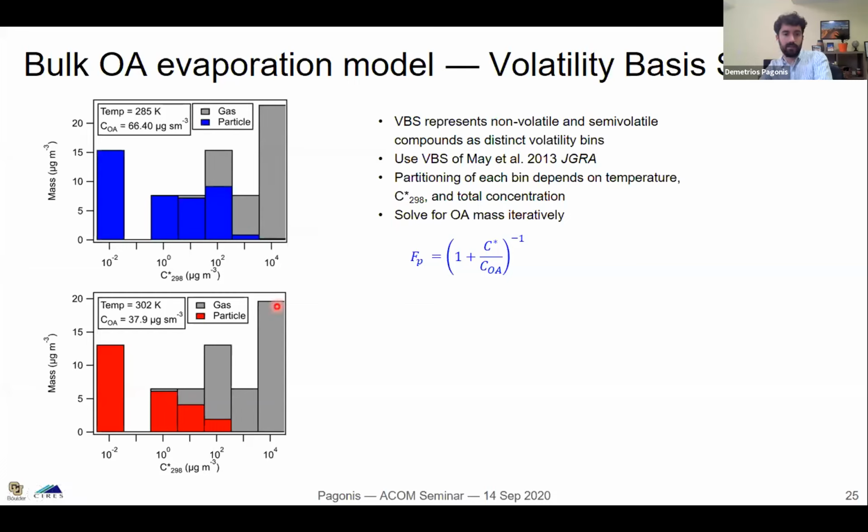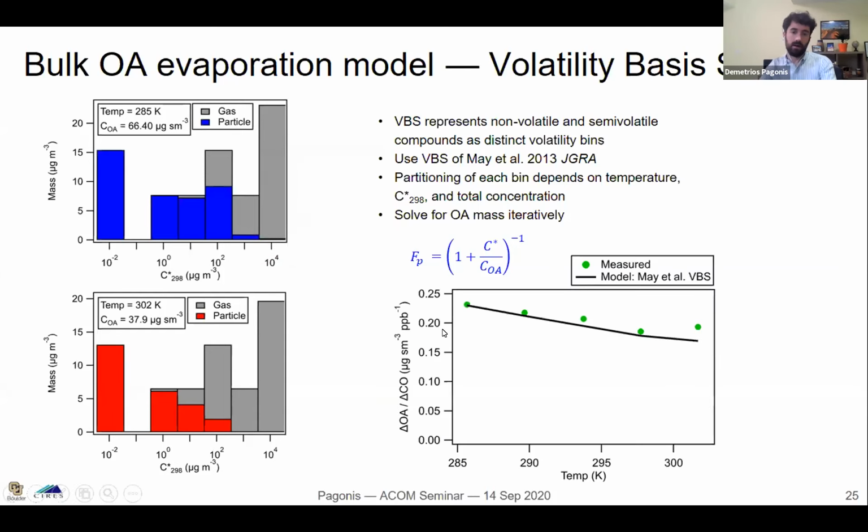And if we calculate these VBSs for each data point in this 1 minute data, you can see that we're also getting really nice agreement. And so just using literature values for volatilities and literature volatility basis sets, we're reproducing the thermal denuding in this natural experiment very well. And so we feel like we have a really nice handle on what the POA is doing in this plume.